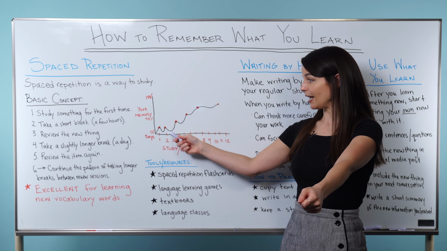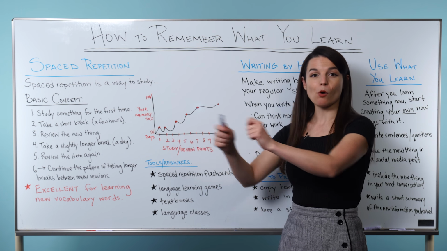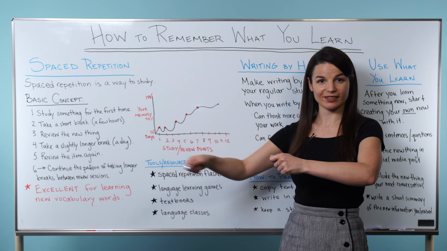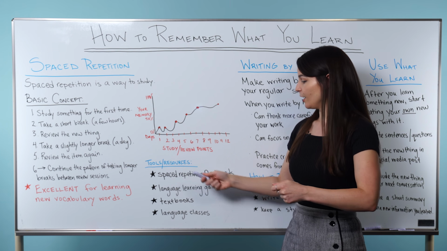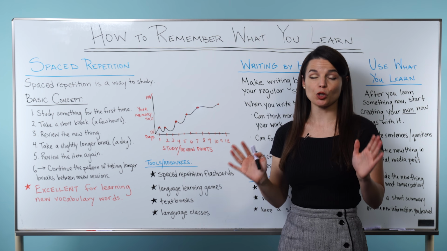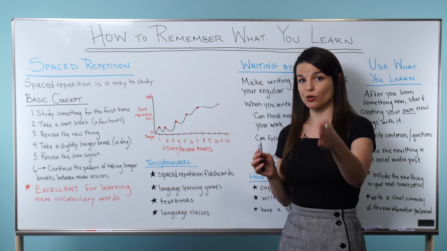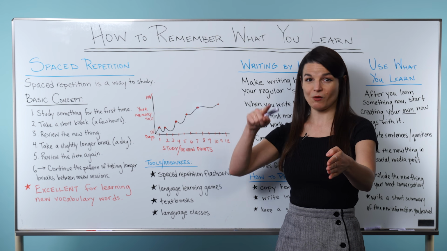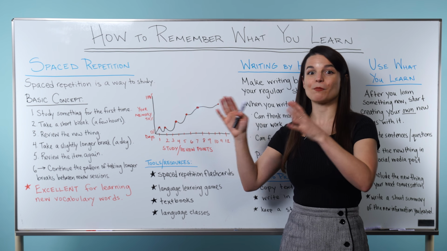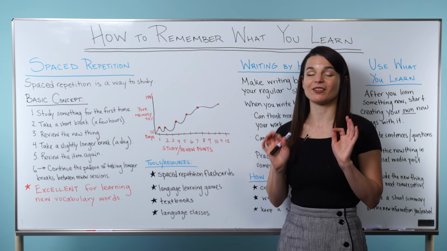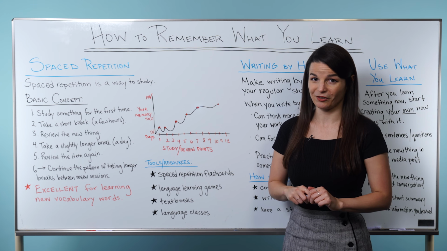And then if you forget it, it shows it to you more often, so you have more chances to try to remember that thing. So these kinds of systems are super, super great because they remember your answers and will quiz you on new vocabulary words at the best time for your memory. So these are super, super great tools to use.